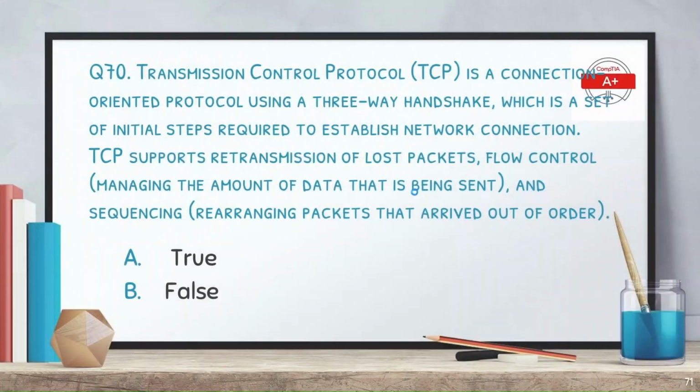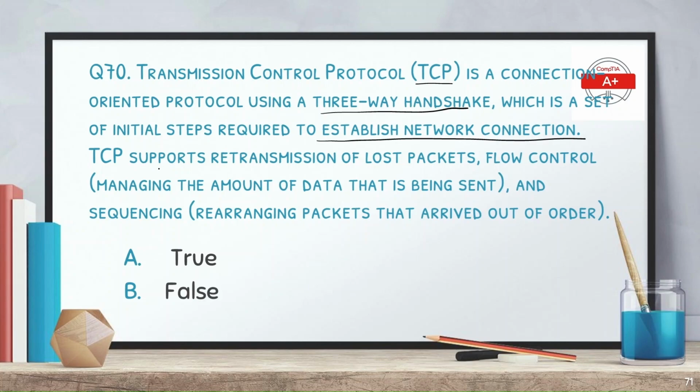Question number 70 is that Transmission Control Protocol, TCP, is a connection-oriented protocol using a three-way handshake, which is a set of initial steps required to establish a connection.